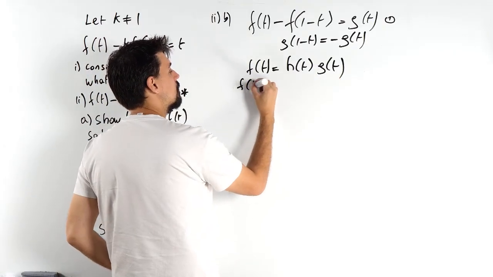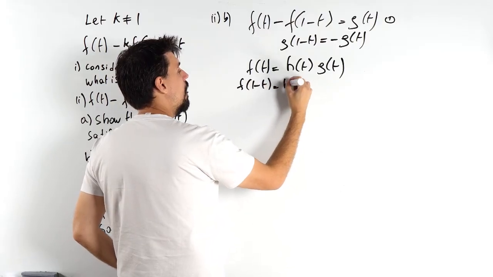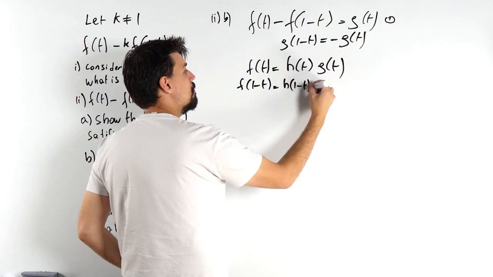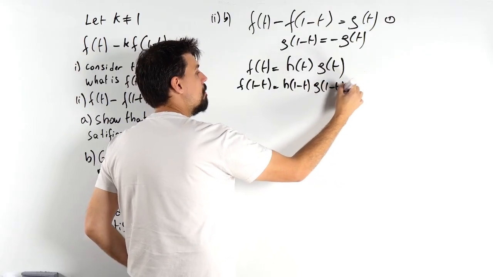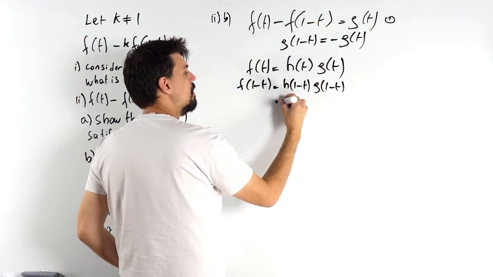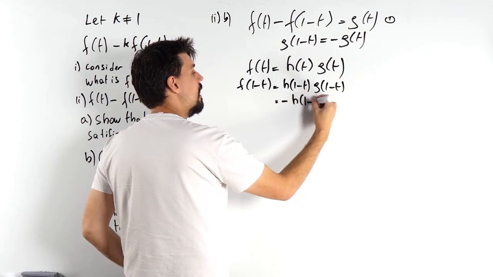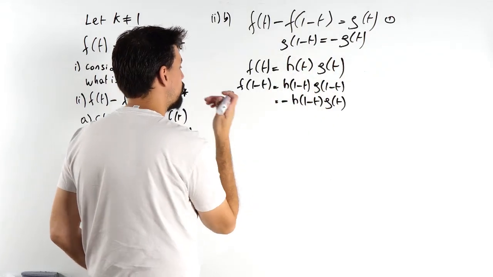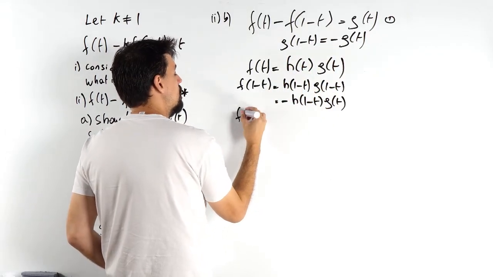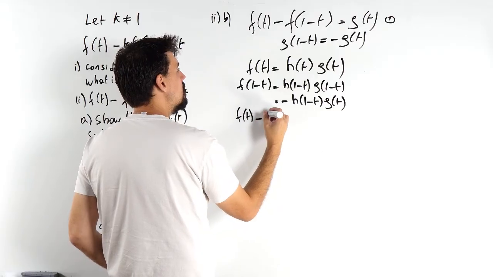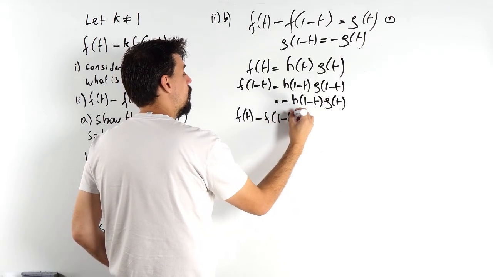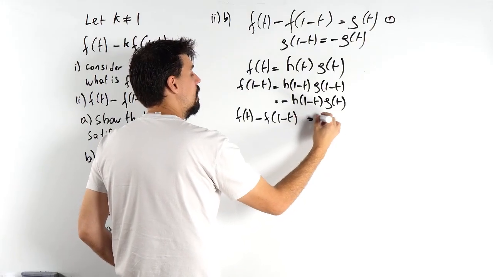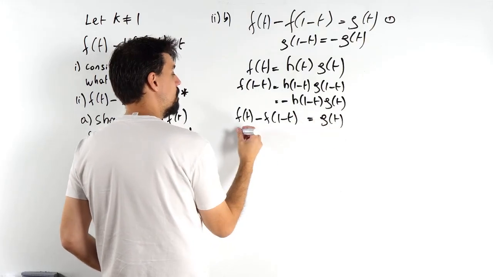Well, f of 1 minus t is h of 1 minus t times g of 1 minus t, but we know that is minus h of 1 minus t times g of t from that condition. So f of t minus f of 1 minus t has to equal g of t.